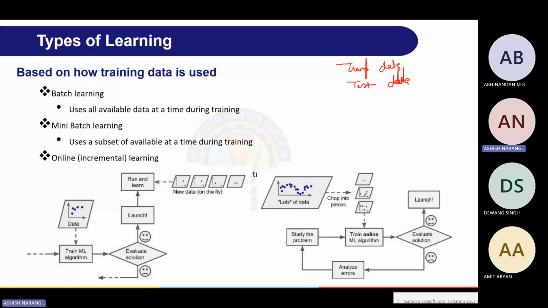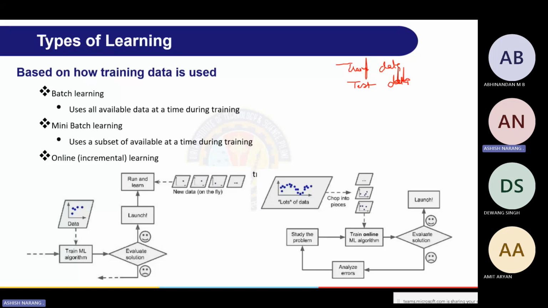What training data does is, using the training data, we train a model. And before we deploy it, using the test data, we test how it is performing overall. Now, when we are training a model using the training data, it could be in the form of batch learning, where I use all the available data at a time during training.